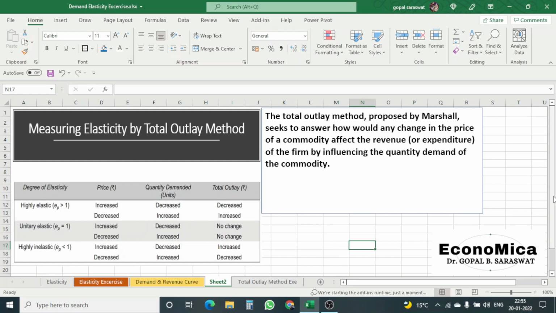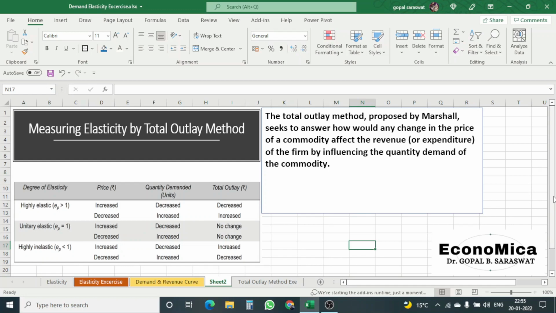And finally, Marshall described the case of inelastic products, where he says that an increase in price results in a decrease in quantity demand but an increase in total outlay.